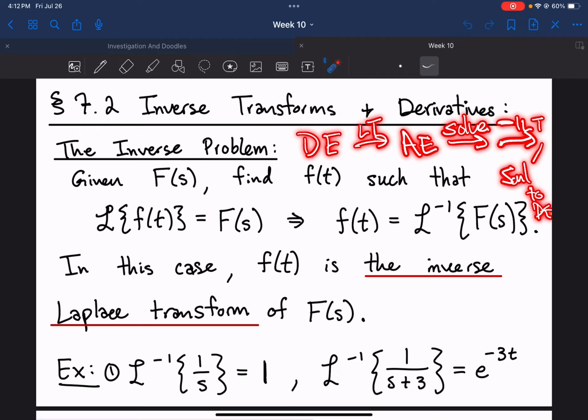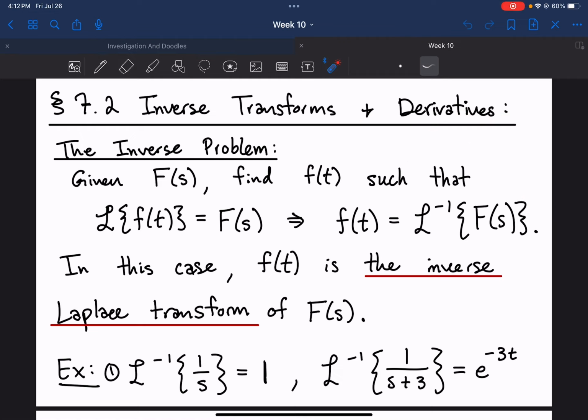Right? So we covered in section 7.1 the Laplace transform. In this section, we're going to cover inverse Laplace transforms. That means given some function of s, can we find a little f of t such that capital F is the Laplace transform of little f?